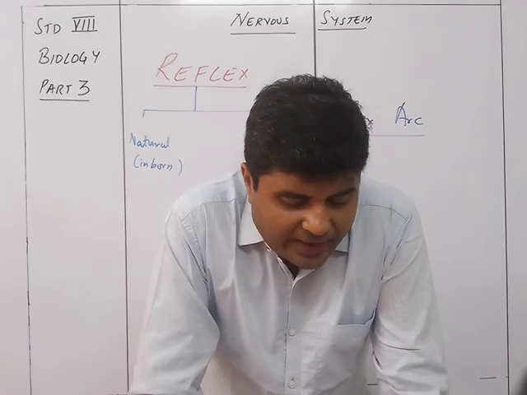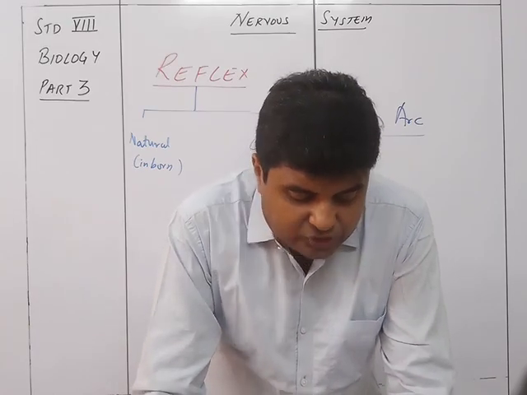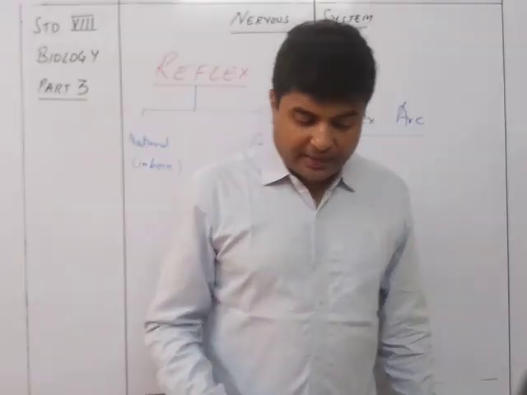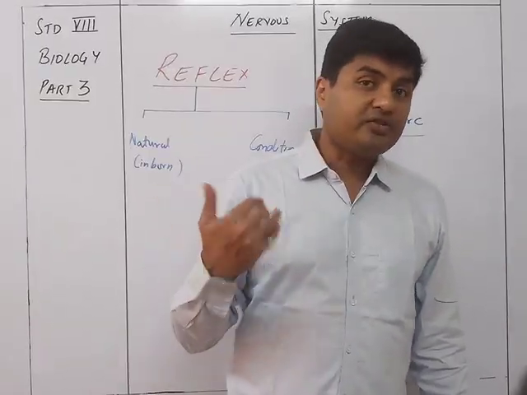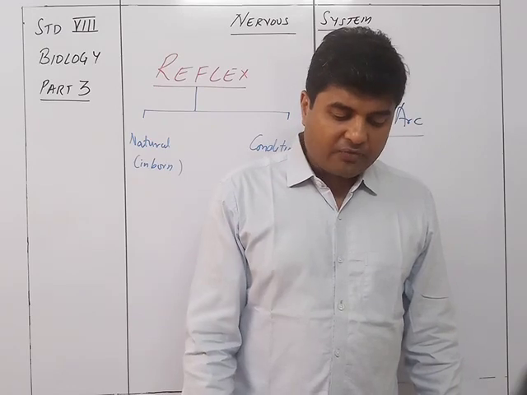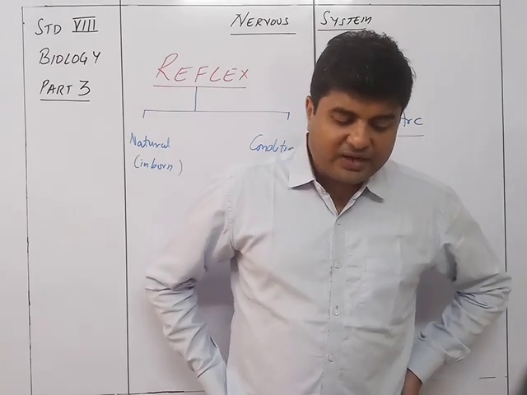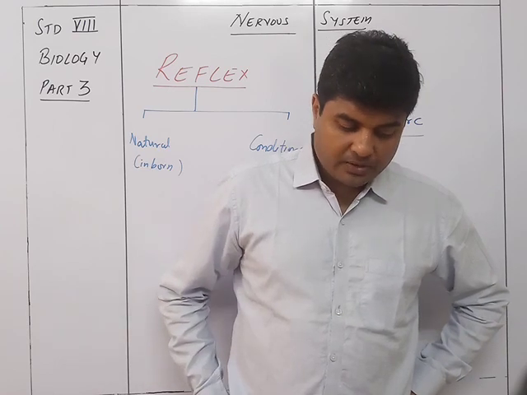Right, so conditioned or acquired reflex is one which develops during the lifetime due to experience or learning. Okay, it is due to experience or learning. Examples of conditioned reflex are watering of mouth, salivation at the sight of favorite or tasty food.